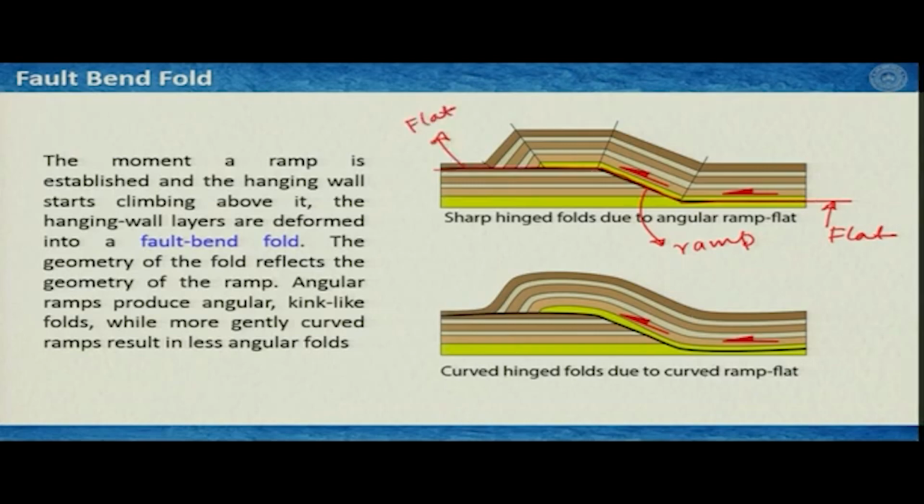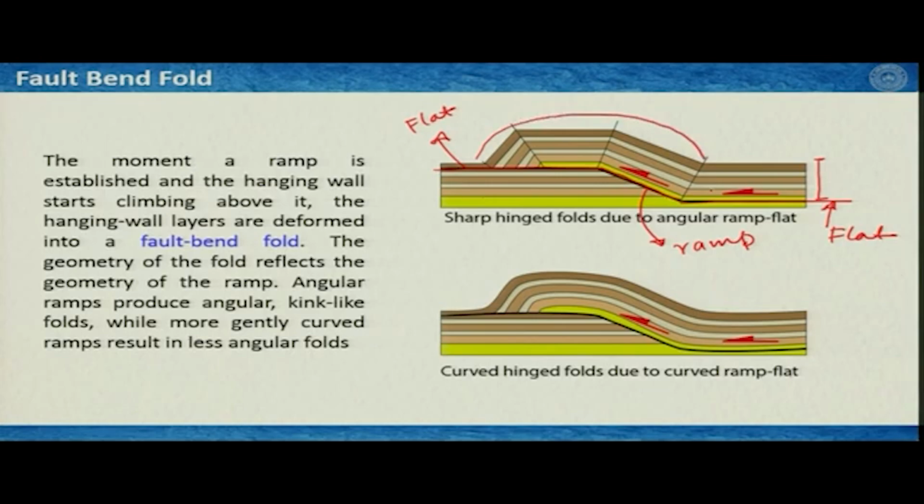And the movement along this ramp flat is this way. Now these hanging wall materials, sedimentary layers, have to ride over this ramp flat. So when it does, because we have a ramp here, it has to produce a fold-like structure.